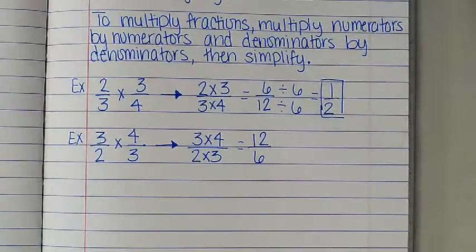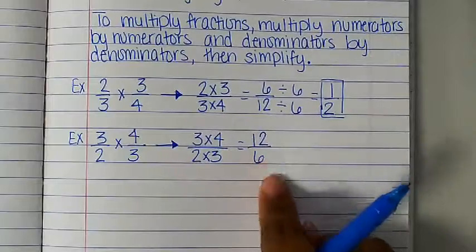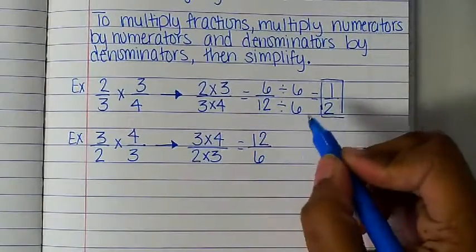Our next step is to simplify. Okay, so simplify means we can reduce or change improper to mixed. Do we have improper? Yes. So instead of reducing, let's just go ahead and change it first because it might surprise us. So to go from improper to mixed, what do I do?